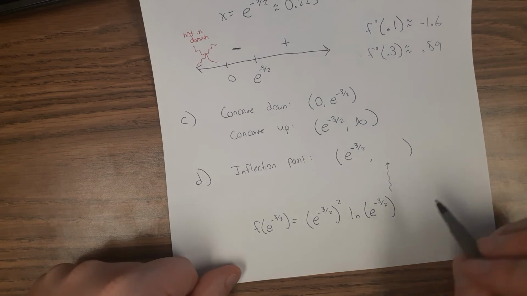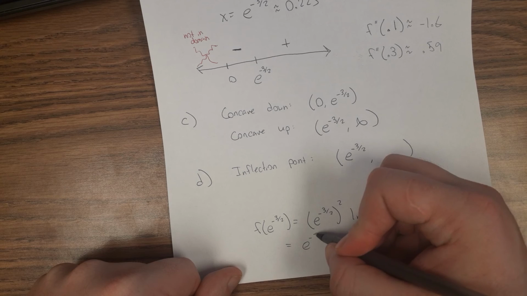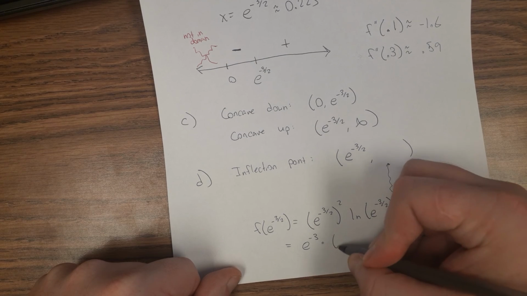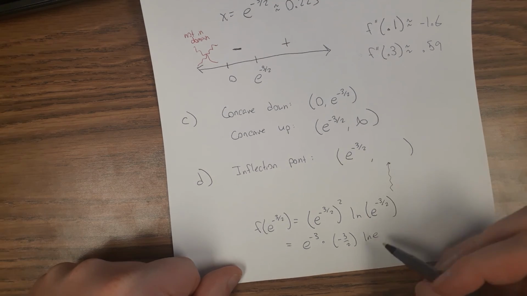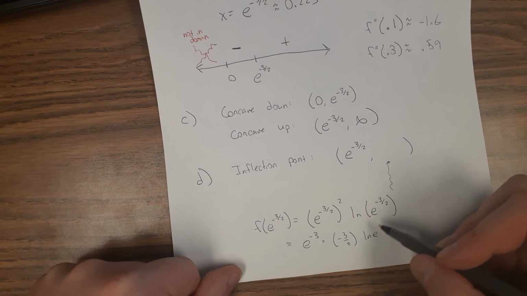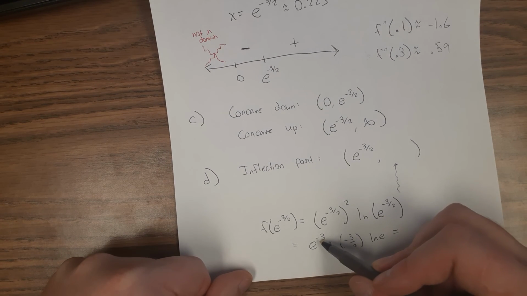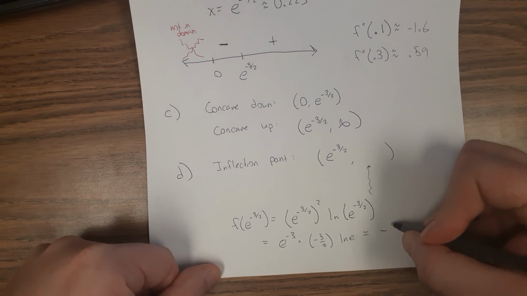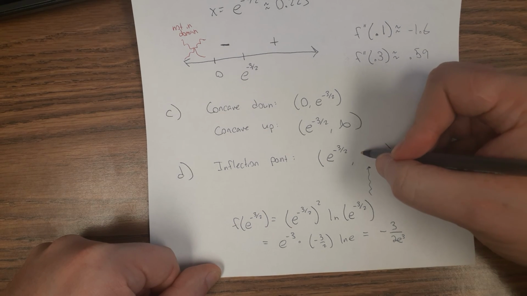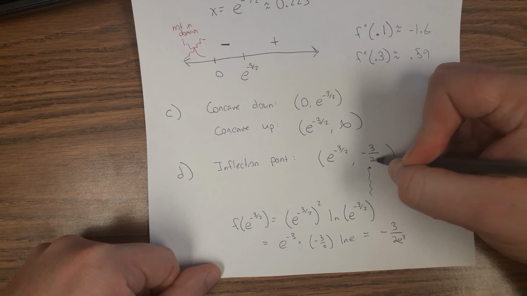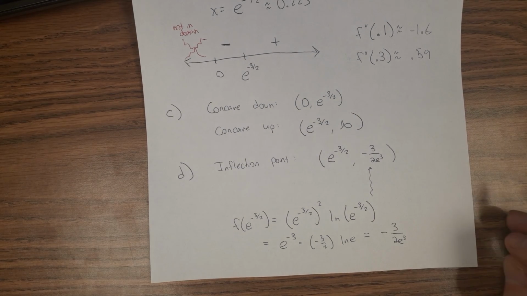And I can simplify this the same way I did last time. This is e to the negative 3 times negative 3 halves ln e. Natural log of e is just 1, so this doesn't do anything. This one puts an e cubed in the bottom, so negative 3 over 2e cubed. And those are the coordinates of the inflection point.